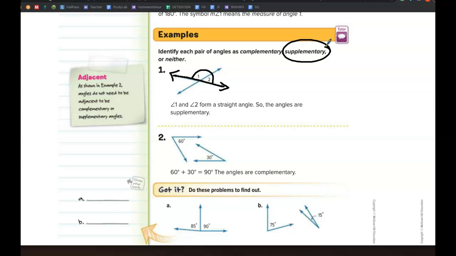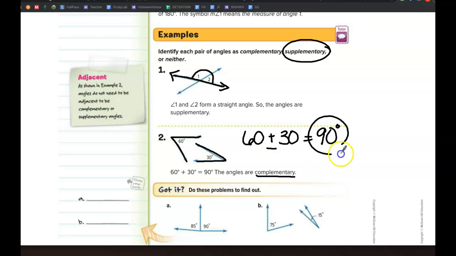Number 2, you have this angle and this angle, and one of them equals 60 degrees, and the other one equals 30 degrees. So if I add them together, they equal 90 degrees. Again, complementing someone is the right thing to do. Therefore, they are complementary angles because when I add them together, they equal 90 degrees. Even though they are not touching, they are still considered complementary angles because they add together to get 90.